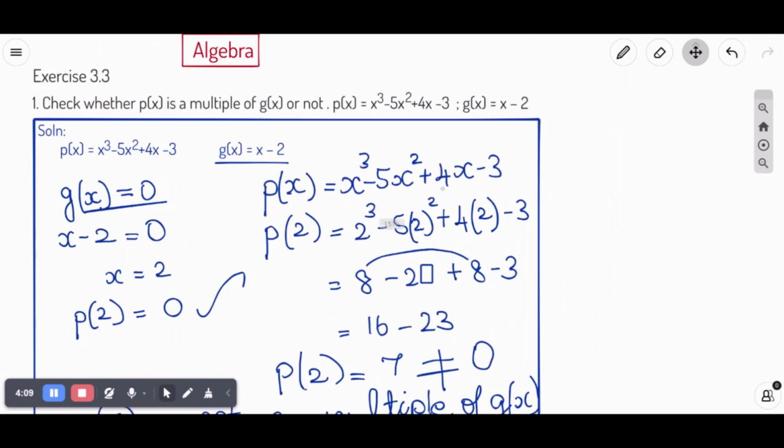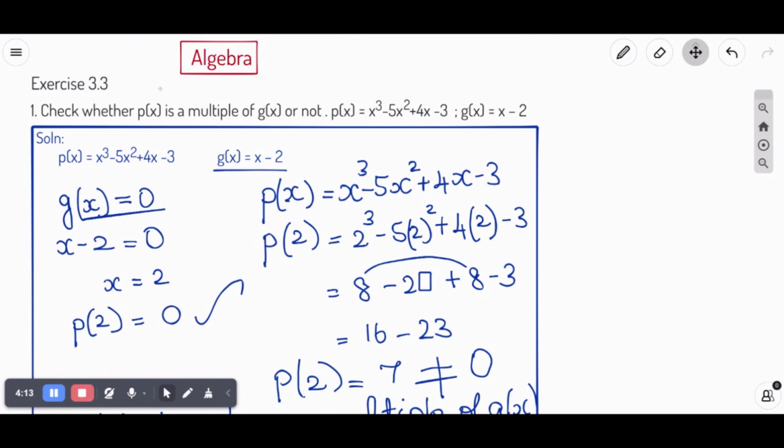So first of all, let us see the question carefully. p of x is a multiple of g of x means, if you take 6, 6 is a multiple of 2, meaning 2 is exactly dividing 6 and leaving a remainder 0. So as per the remainder theorem, if you put any number over here and you get the answer as 0, then only it is a multiple.